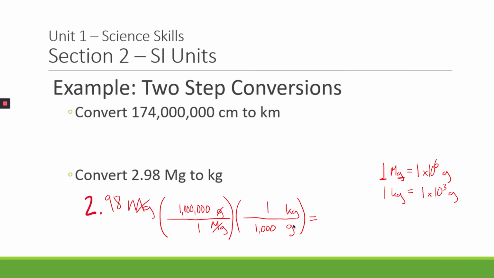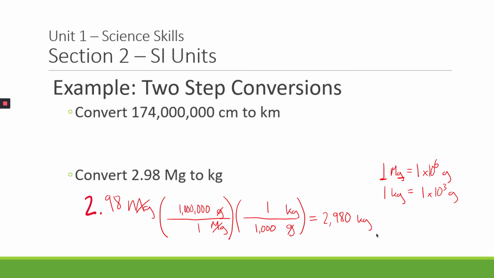My grams cancel here and here, and I'm left in kilograms. So 2.98 times a million is 2,980,000. Divided by 1 is 2,980,000 still. Times 1 is 2,980,000. And then divided by 1,000 is 2,980, if I did that math correctly.